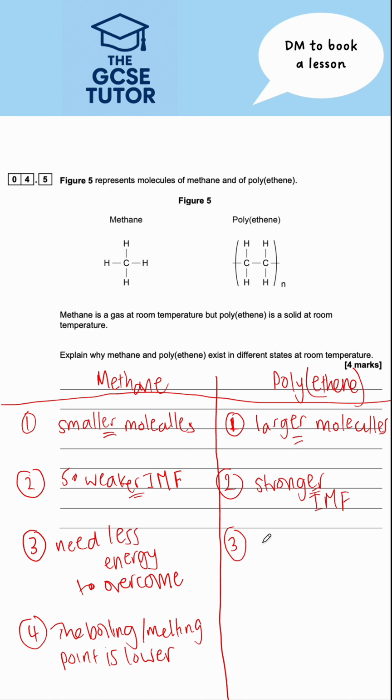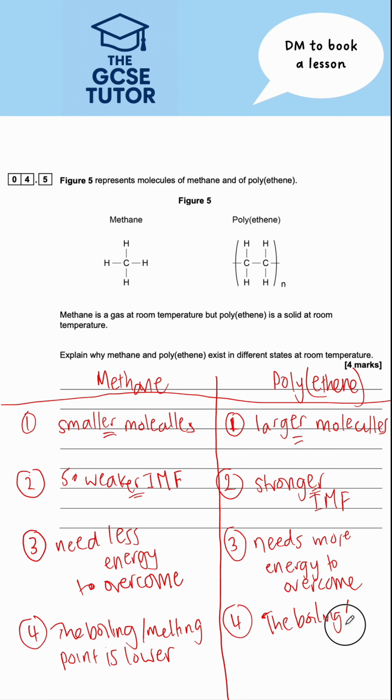Third mark, it needs more energy to overcome. And the fourth mark comes from saying, so the boiling / melting point is higher, and therefore polyethylene is a solid.